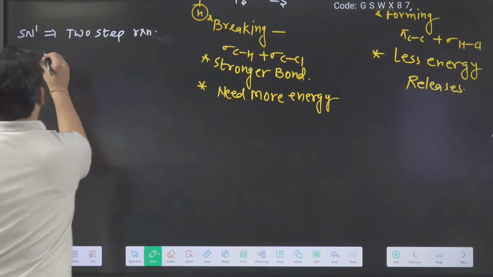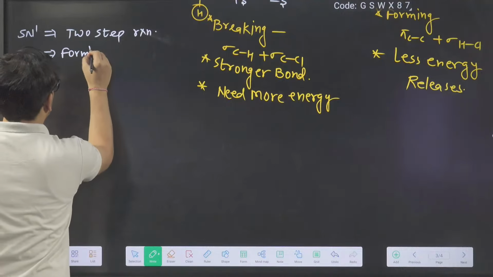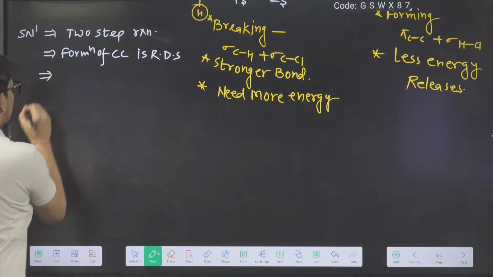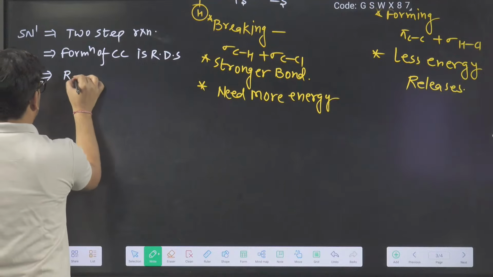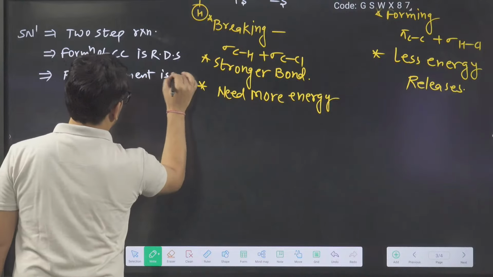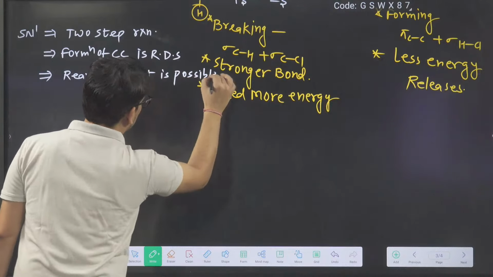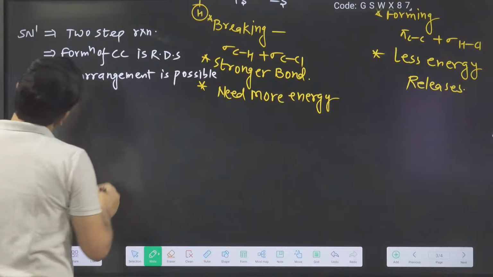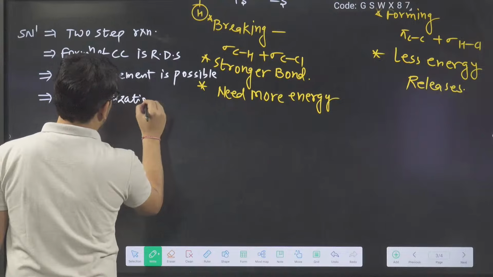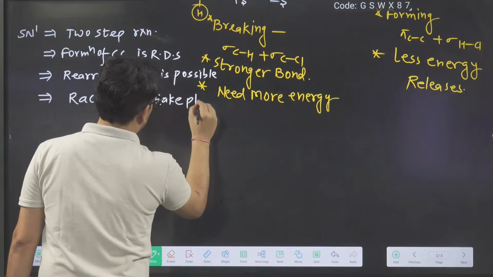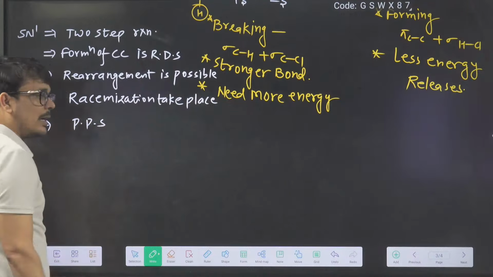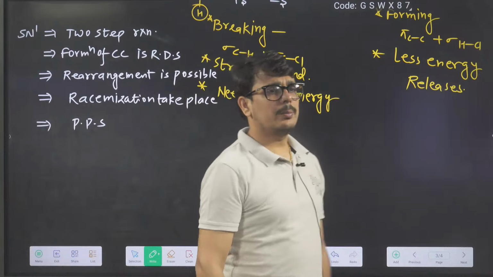So I can say that formation of carbocation is the RDS. Next, rearrangement is possible. Next, racemization takes place. Next, polar protic solvent is needed. These are the most common reactions.